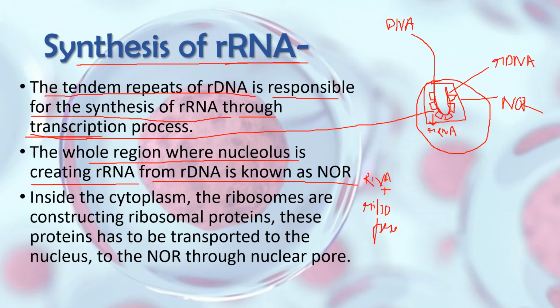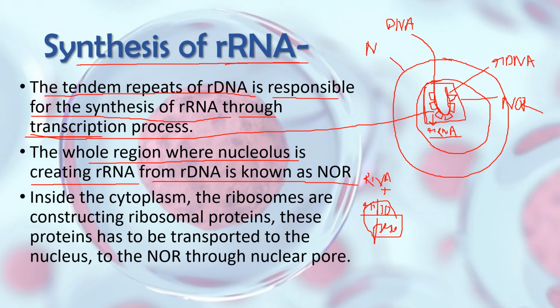But we just saw that this particular area is only responsible for the synthesis of rRNA, so from where do we get the ribosomal proteins? For this, we have to go outside the nucleolus, or we can say outside the nucleus.